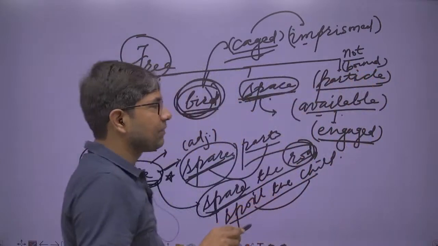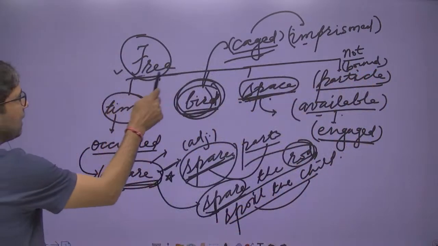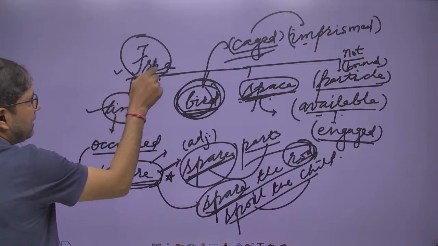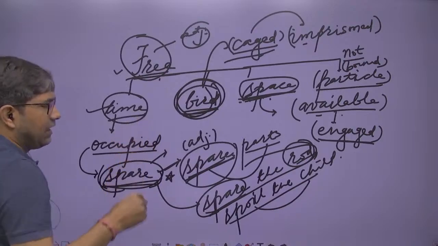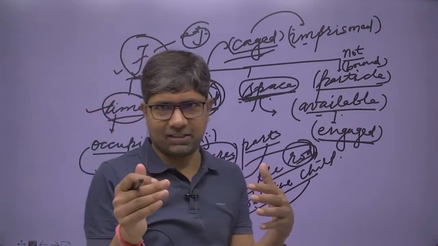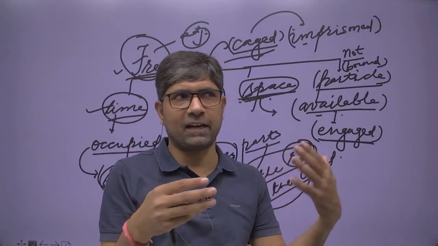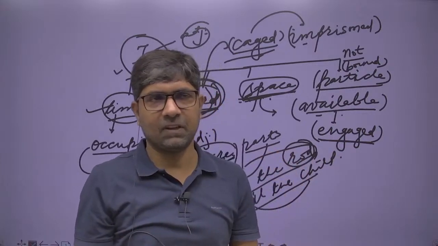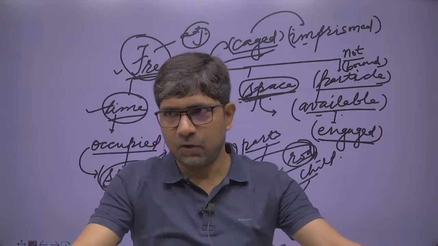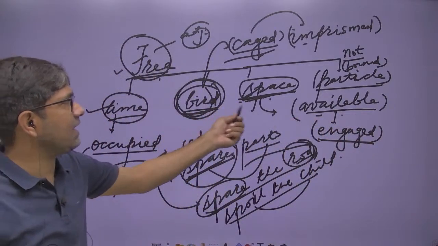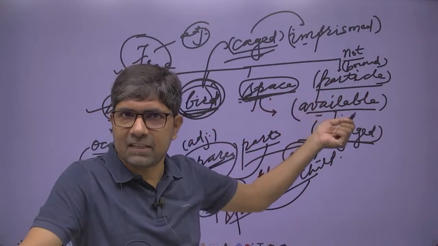Got it? So you can see the word free, if this adjective goes with this noun, then this interplay of adjective and noun gives rise to a new meaning, which is different from the rest of the combinations.